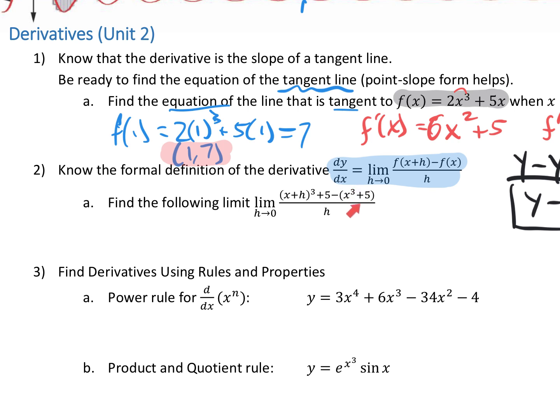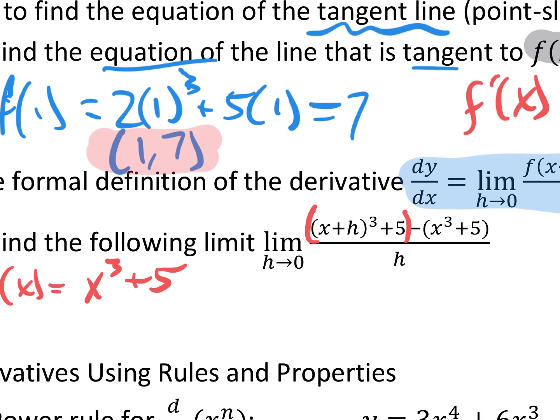So this thing right here after the minus is probably the f of x. So I think that f of x here is x cubed plus 5. Let's see if that's true. Well, that would make the rest of this stuff here f of x plus h.